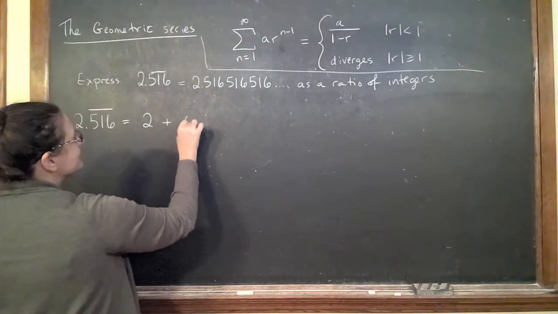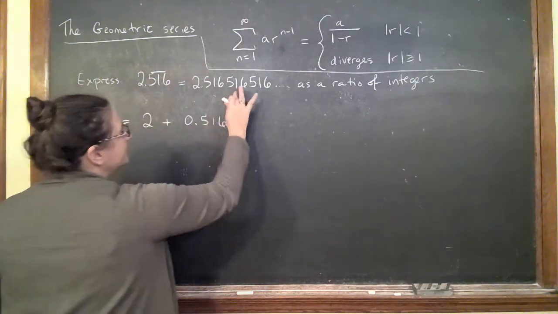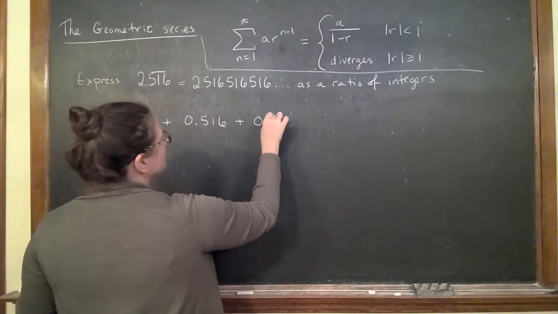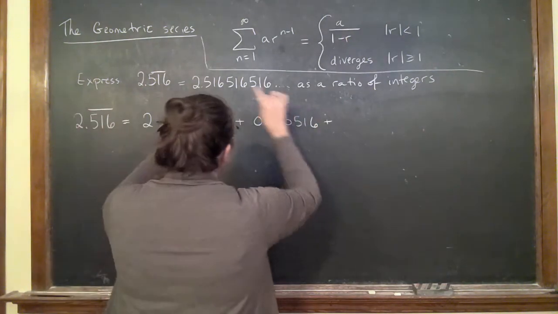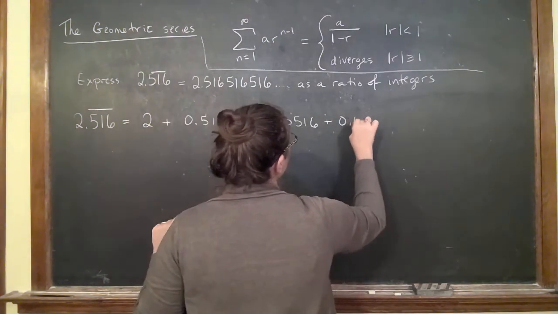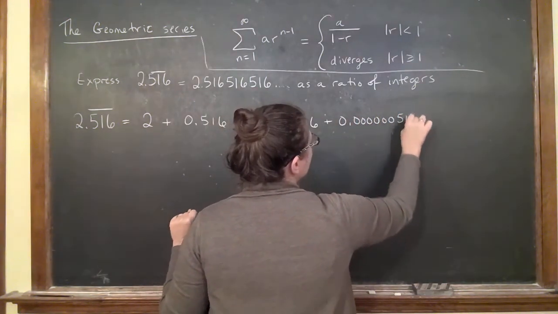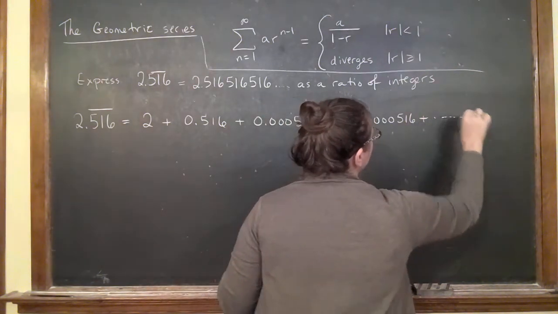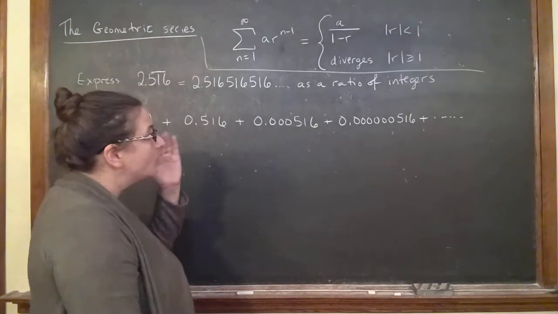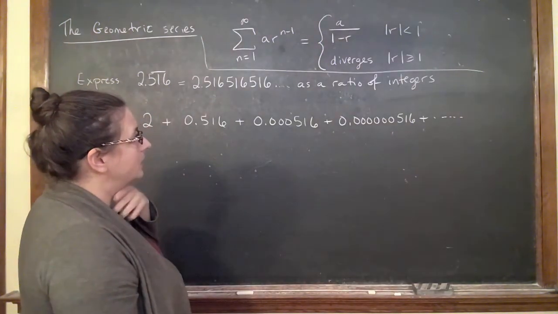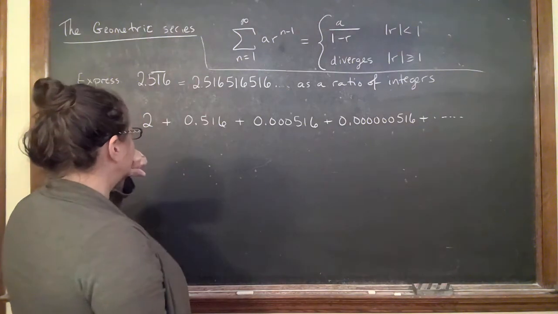The first one is 0.516, and the second piece is 0.000516. Then the third piece has 3 extra zeros, and I keep going on and on like that. That's really what's happening with my repeated fraction.